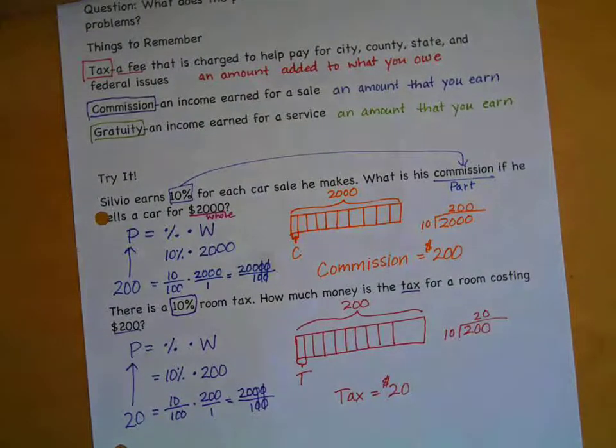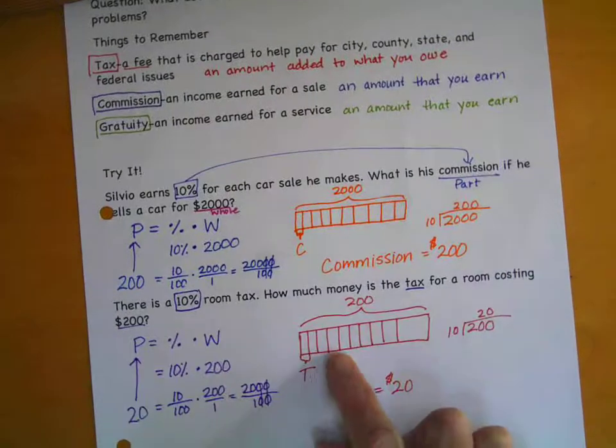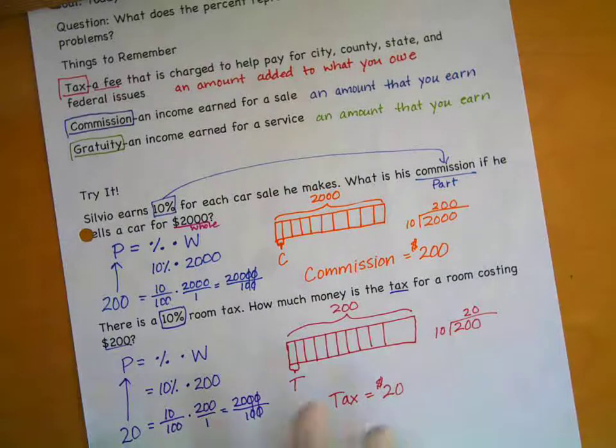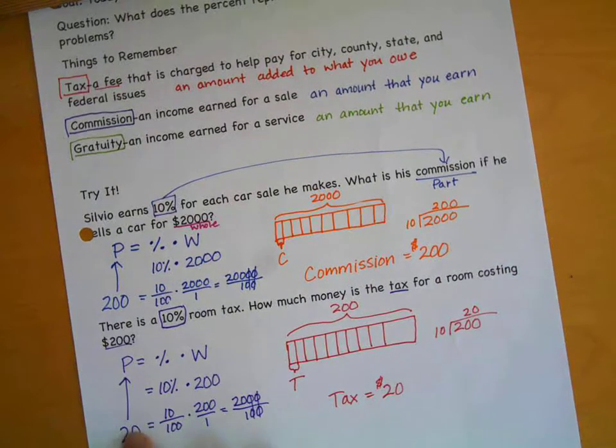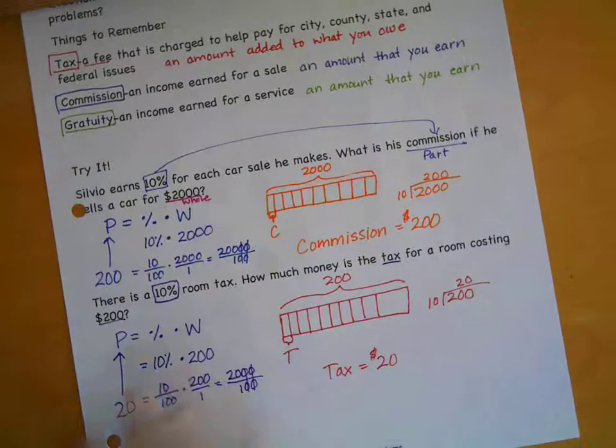Okay? So, boys and girls, again, I cannot stress the importance of this equation. I cannot stress the importance of remembering how to use your tapes, because as you can see, both of those problems were really, really easy. Okay, so the actual tax for the room was 20 when the cost of the room was 200.